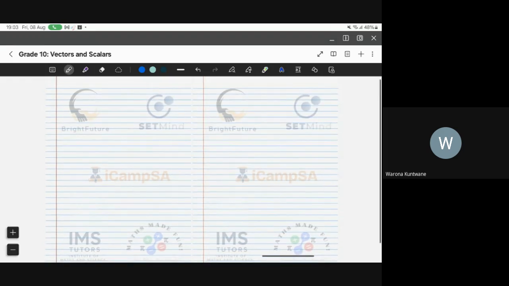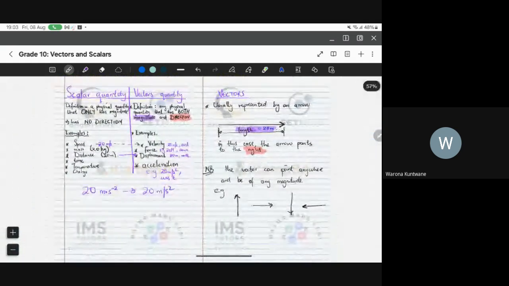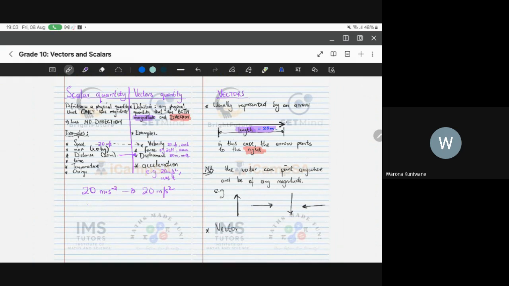Another definition I want us to focus on before we move is that vectors can be added to one another. I'll show you what that means.